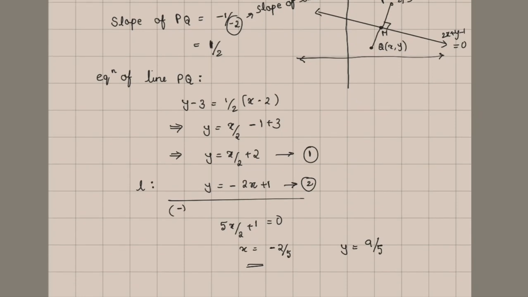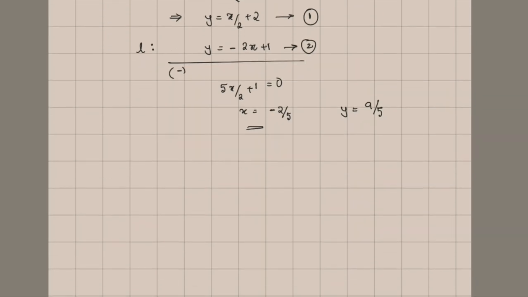So we got the intersection of line PQ and line L, which is M. This is the foot of the perpendicular. So M is (-2/5, 9/5).